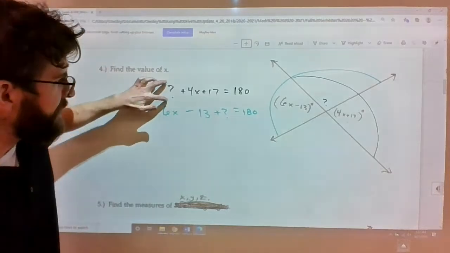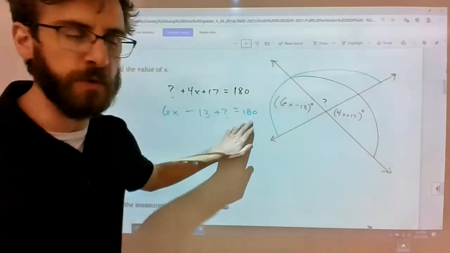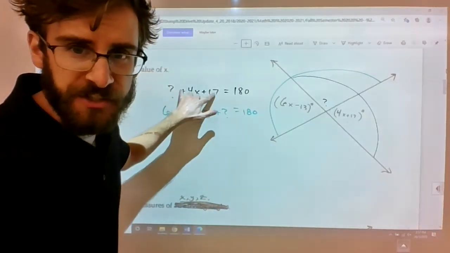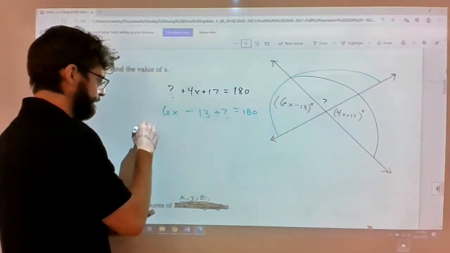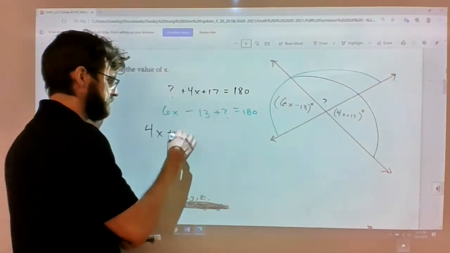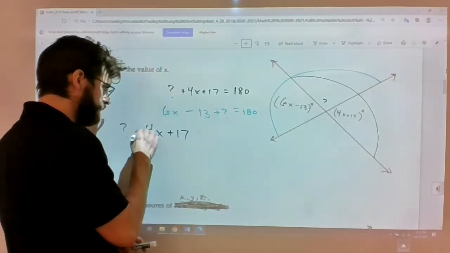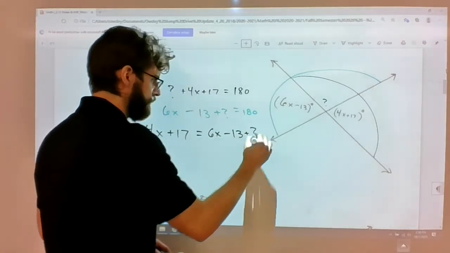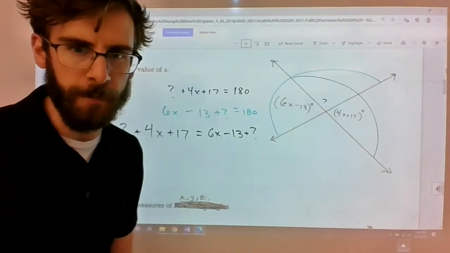So if this black expression equals 180 and the green expression equals 180, there's actually a property in which you can say these two equal one another. And that's where our next property comes from.